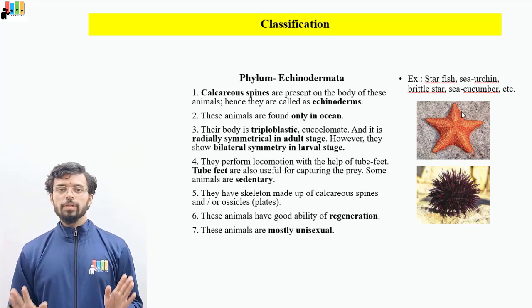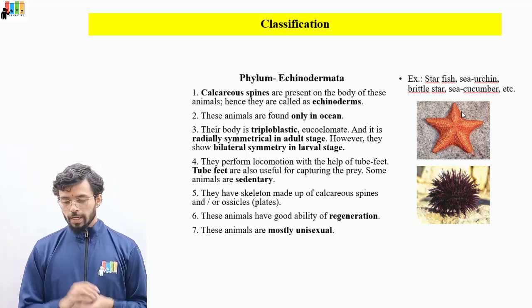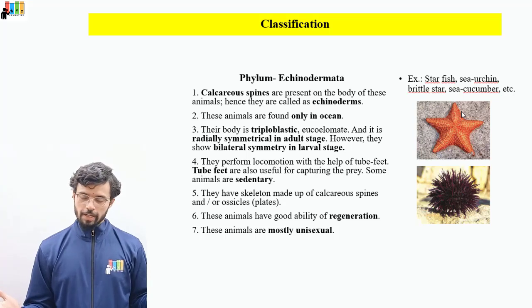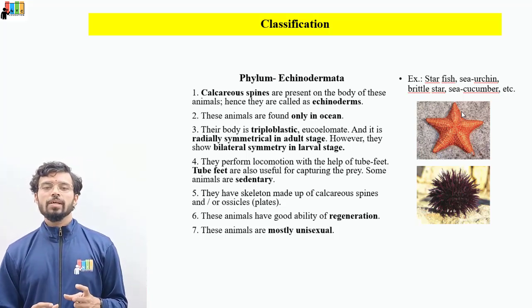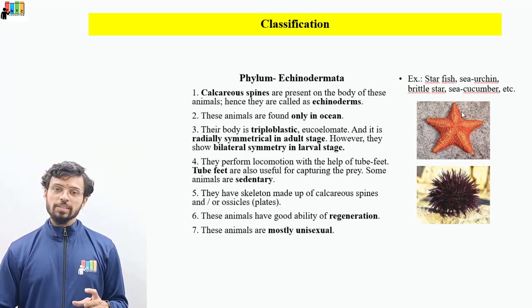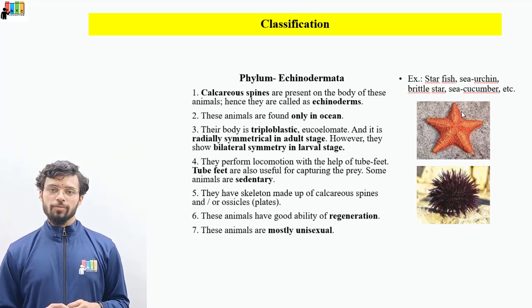They will always be found in marine waters. Their body is triploblastic, eucoelomic, and they show radial symmetry. Obviously, a sea star cannot be bilaterally symmetrical, but bilateral symmetry is present in the earlier stages of development, when they are in the larval stages, similar to a jellyfish.